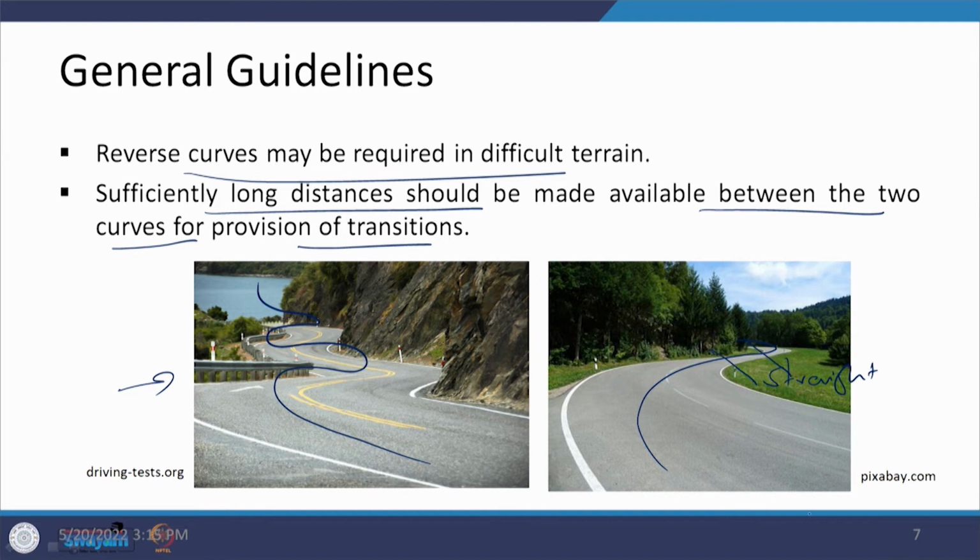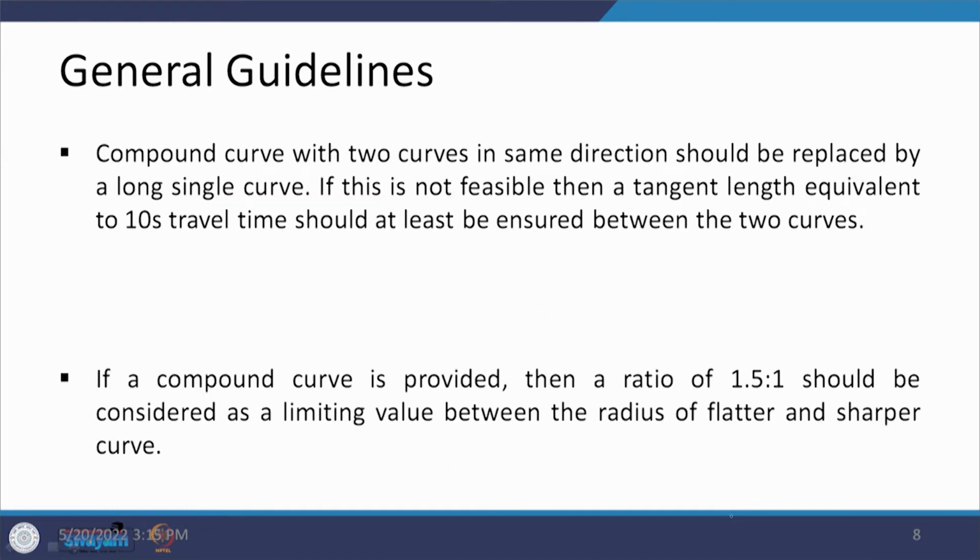Whatever the conditions are, we need to have some sufficiently long distance between those where the transitions can be fit in, or even if the transitions are not fit in, they should result in a long tangent line. Now, a compound curve with two curves in the same direction should be replaced by a long single curve as far as possible. That is what I talked about previously also.